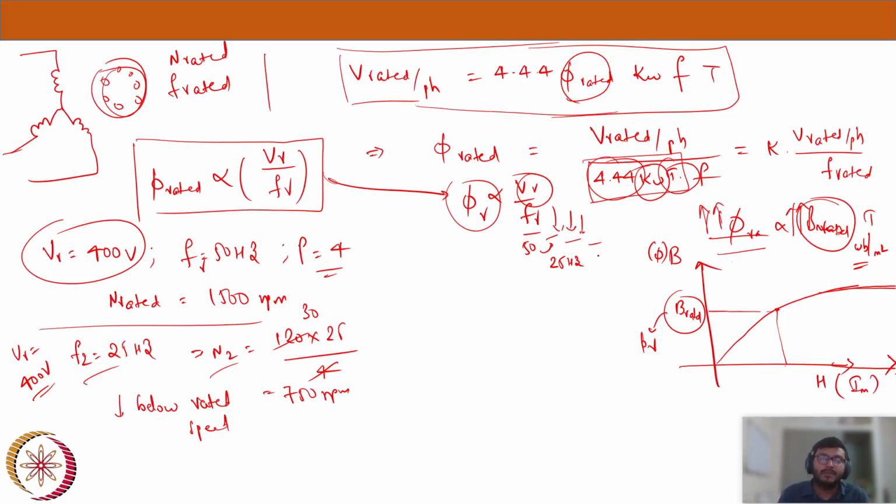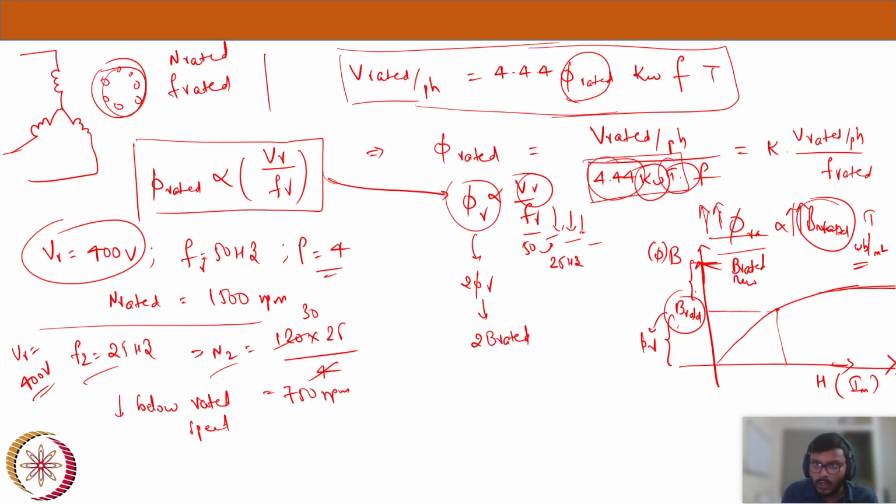My flux will go up to two times the rated flux. If my flux goes two times, my flux density also goes two times. Let's say this is one time, and it has just increased two-fold. Now my new B rated is here.